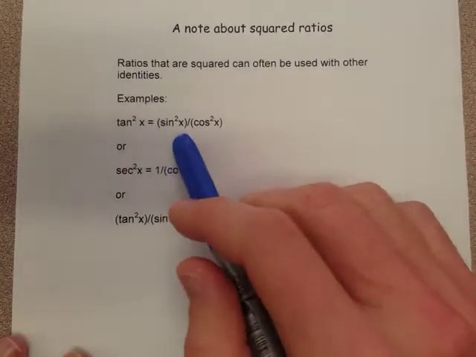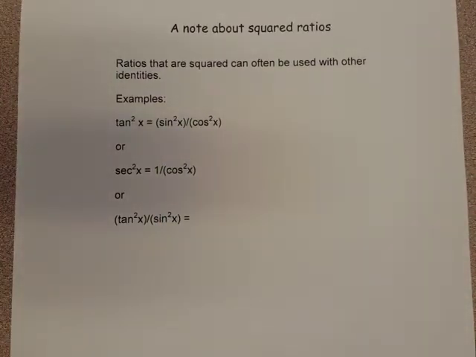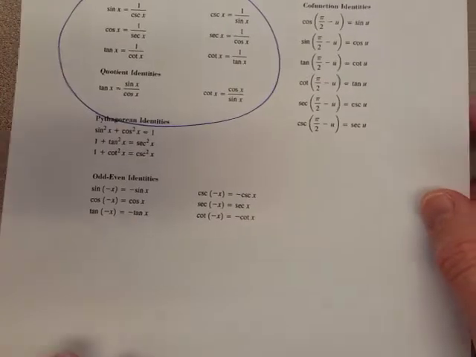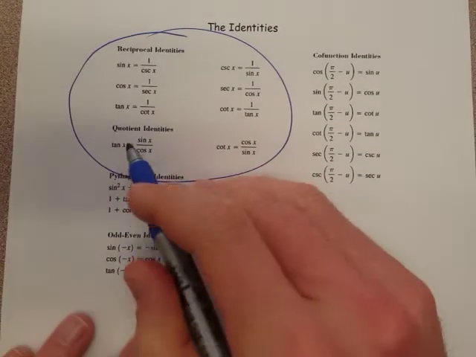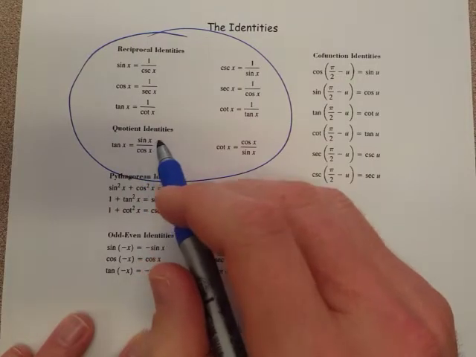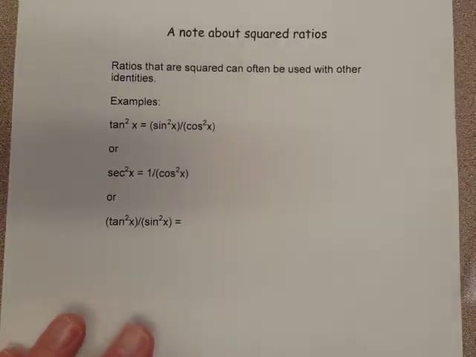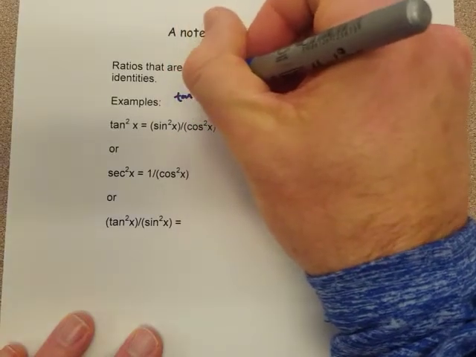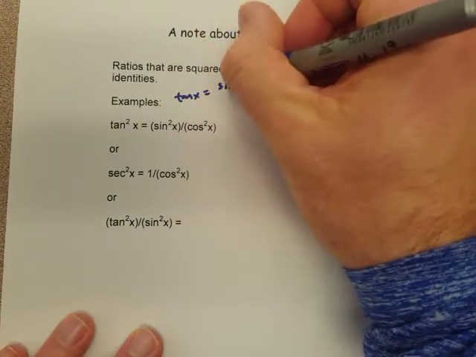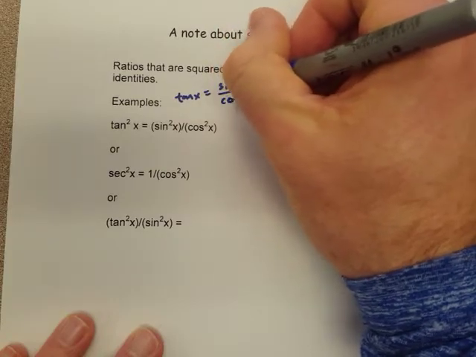So I want to highlight that just a little bit here by referring back to our trig identities at the beginning. Remember our trig identities at the beginning, notice this one that has tangent equals sine over cosine. So we know that identity from the quotient identities, that tangent is equal to sine over cosine.